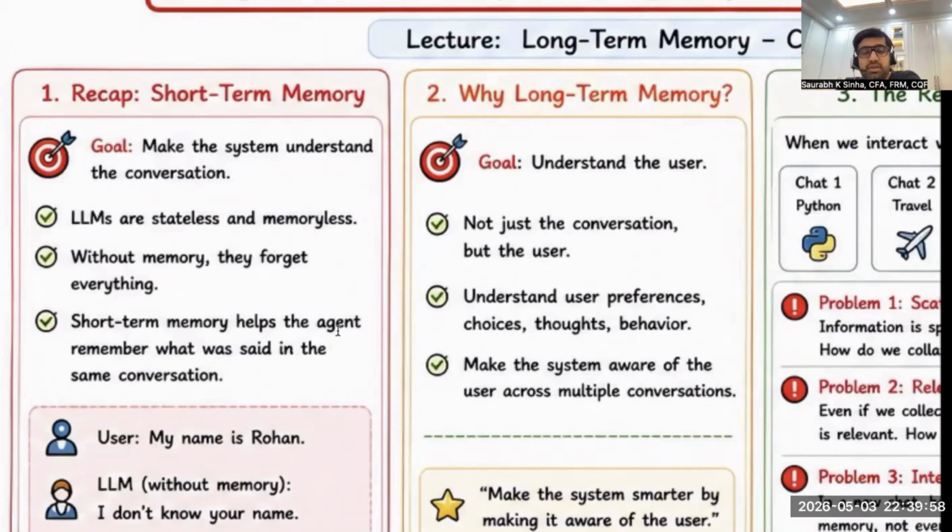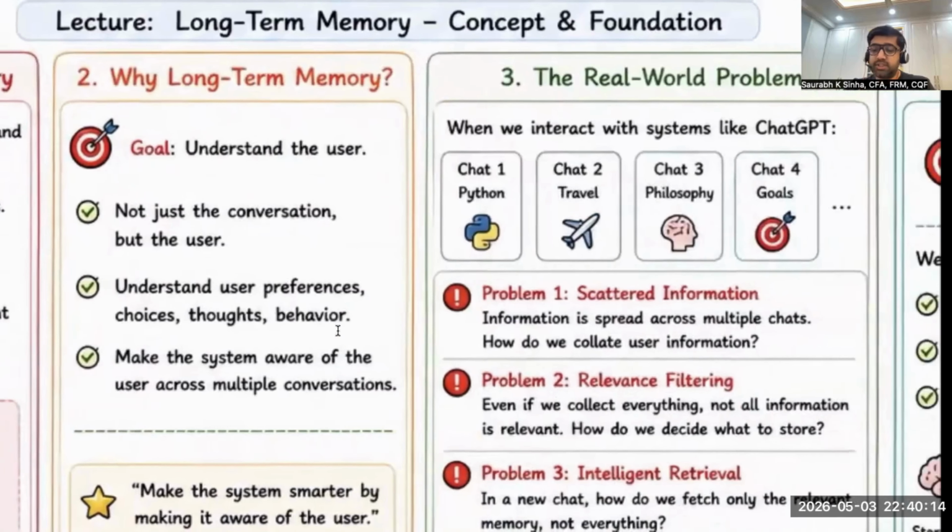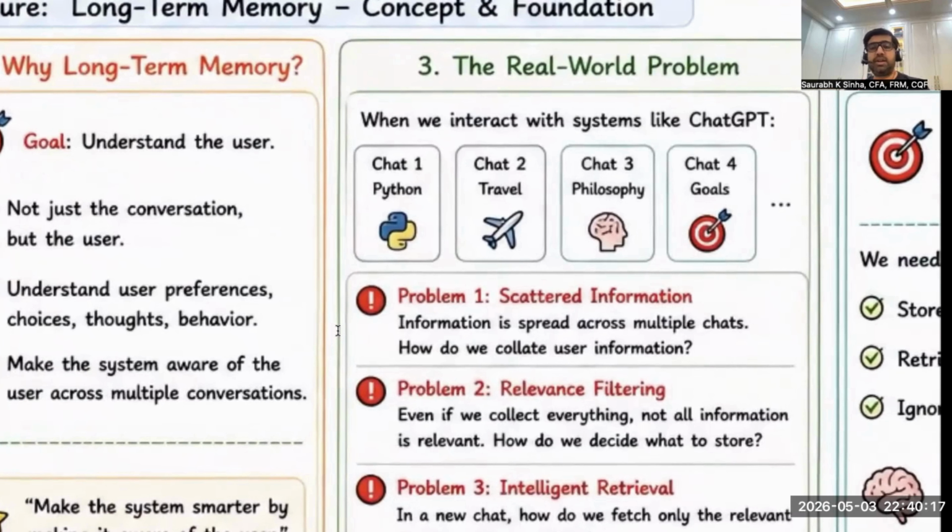Understand your user. That is what you're implementing in your agentic AI system. And this is a much more difficult, much deeper problem to be solved. It's not easy. You will understand the problems and challenges in a while, at least the intuition. And when you actually implement it, you will see that it's really difficult to tackle.